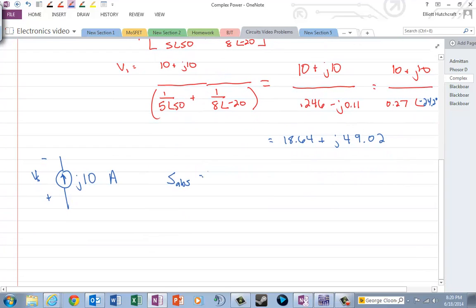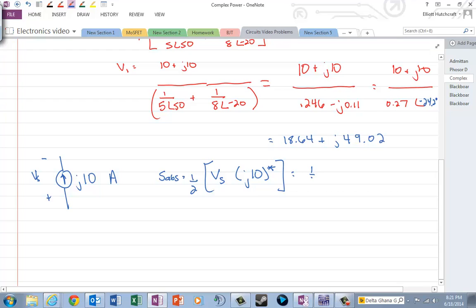If my complex power absorbed is Vs times that J10 conjugate, and again, remember, because I think this is in peak values here, I need to say 1/2 Vs J10 conjugate. Well, okay, what's Vs?